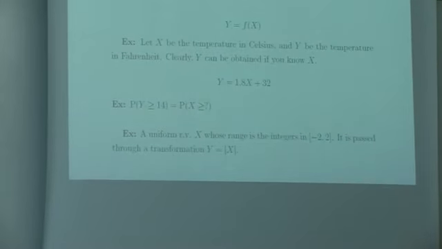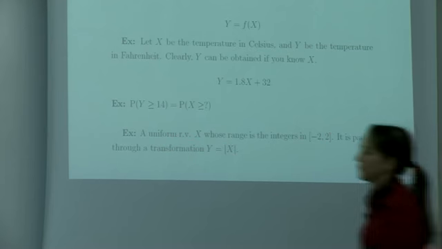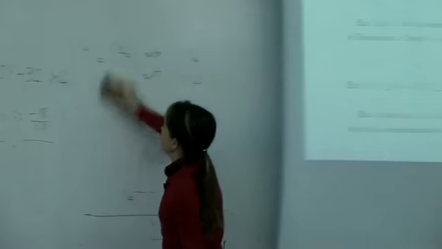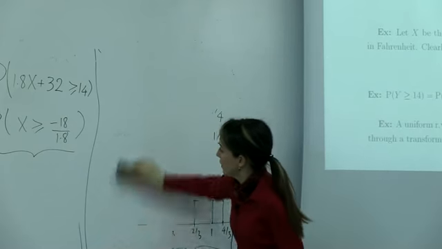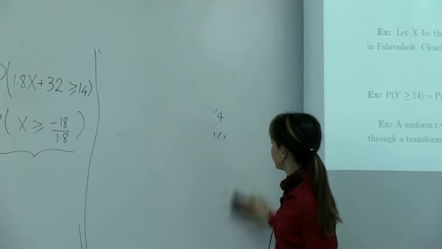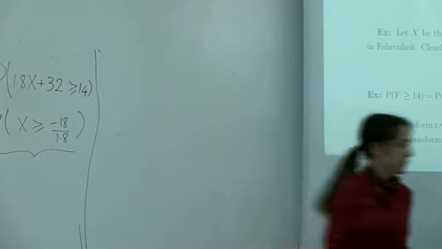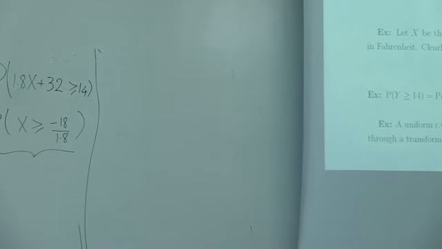Example. Another example where we can compute the PMF. Let x be a uniform random variable between -2 and 2. It's passed through a transformation: Y equals the absolute value of x. What is the PMF of y? How do we do this?